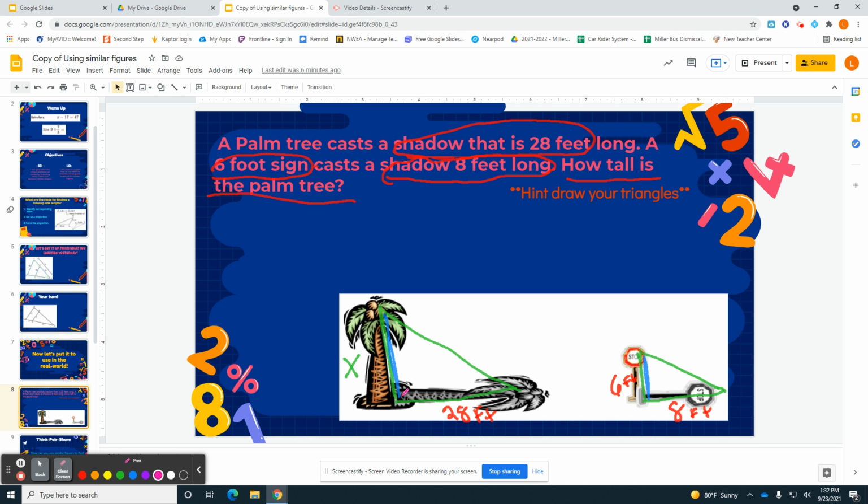So we know that 28 feet is the shadow for the palm tree. So that is that one. And then the shadow there is the shadow for the stop sign. So now I can go back and set up my proportion.